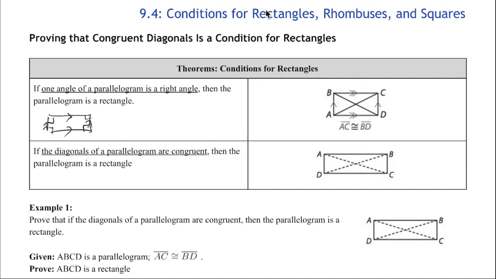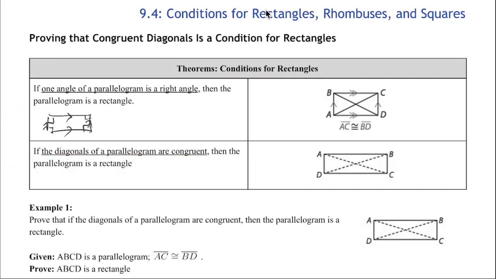For this one, if the diagonals of the parallelogram are congruent, then the parallelogram is a rectangle, right? And that's the proof that we're going to be doing, guys. Okay. Understand that because this particular theorem came in after this one, you could use any theorem that came before this as a theorem.